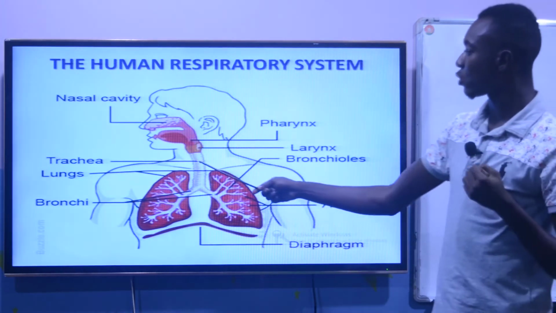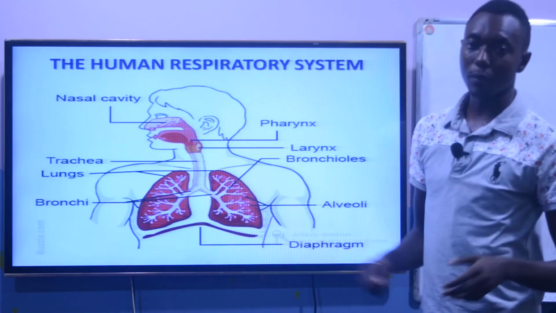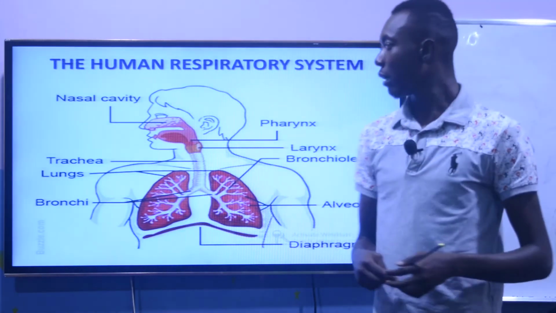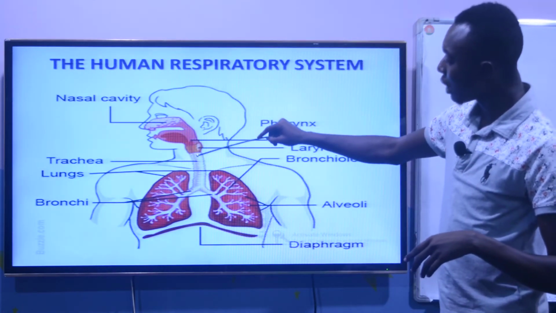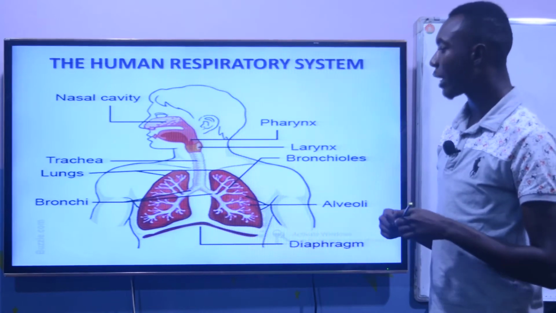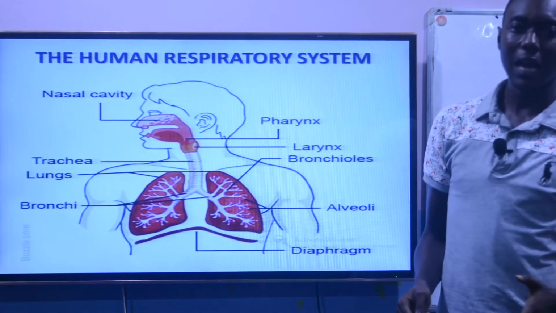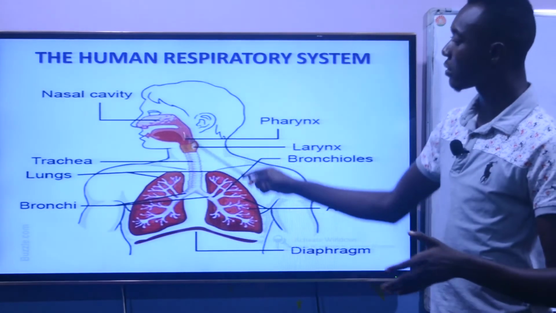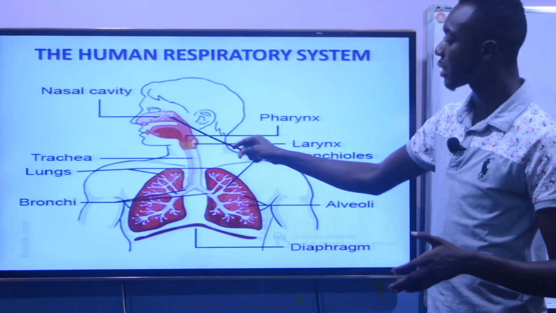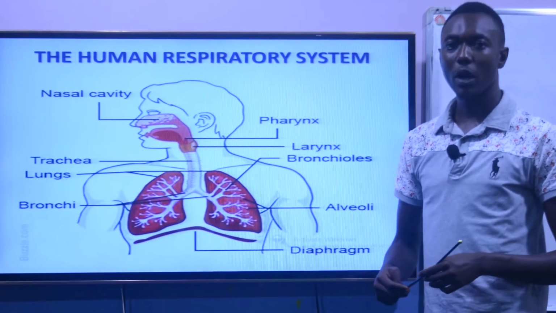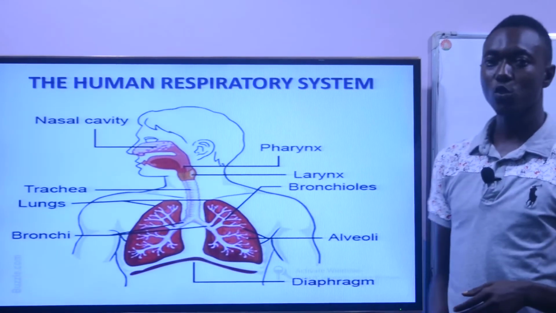The next one we shall talk about is the trachea, which is also called the windpipe. Note that from the nasal cavity coming down up to the trachea are the cilia and mucus. There are tiny hair-like structures that line up right from the nasal cavity up to where the trachea is located. The same thing applies to the mucus.